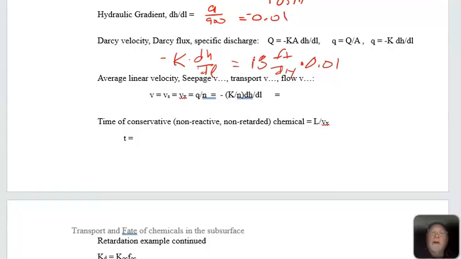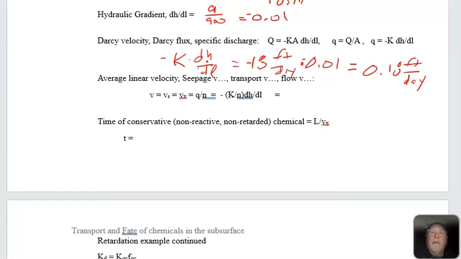Negative and negative, that's positive. So the specific discharge is 0.18 feet per day.